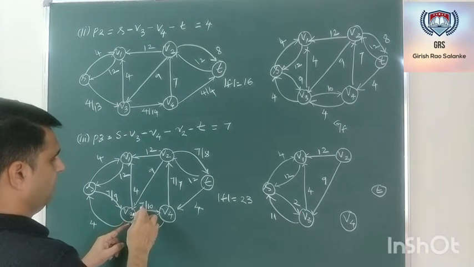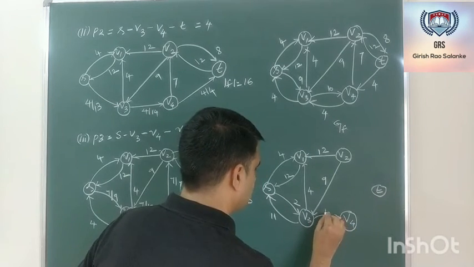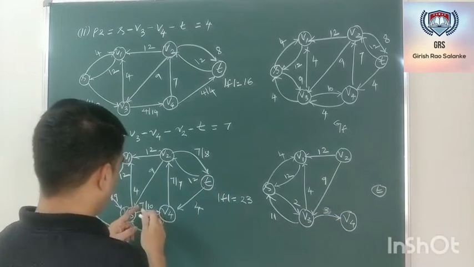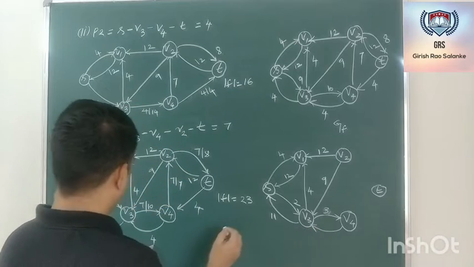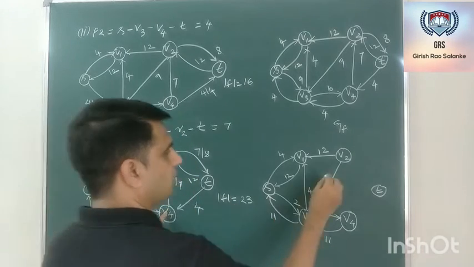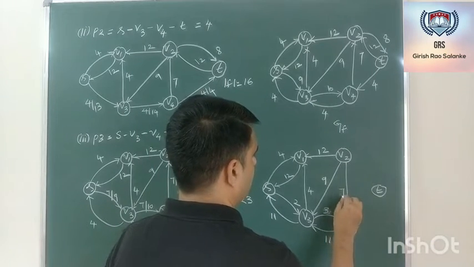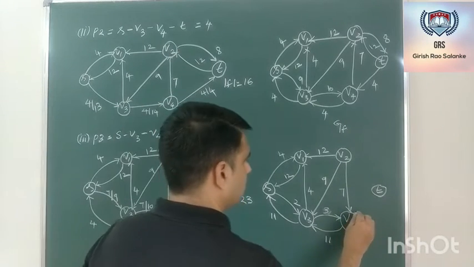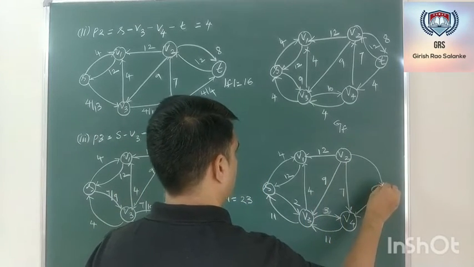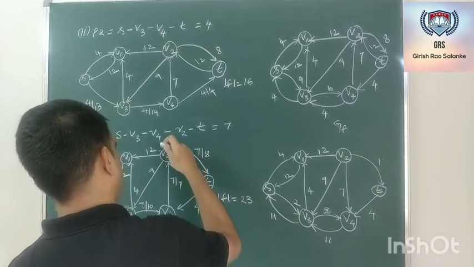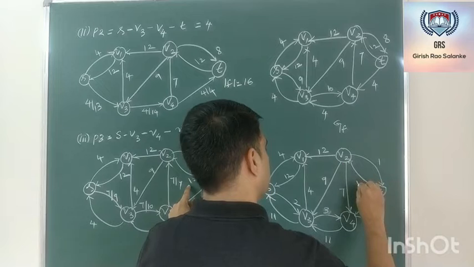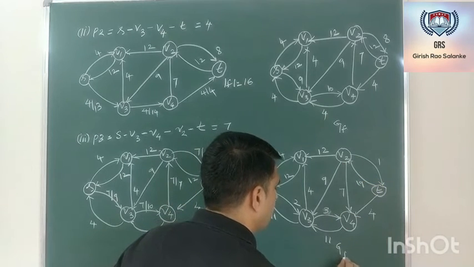Now 10 minus 7 is 3, forward edge is 3, and add this 7 to 4. So in the backward edge it will be 11 once again. Next, this is 7 out of 7, so there will be a backward edge of capacity 7. Here this is 4, and this will be a forward edge with 1, and in the backward edge I need to add this 7 to 12. This is 19. So this is my residual network.